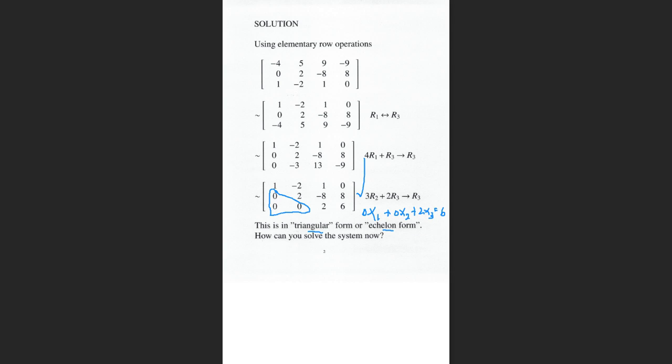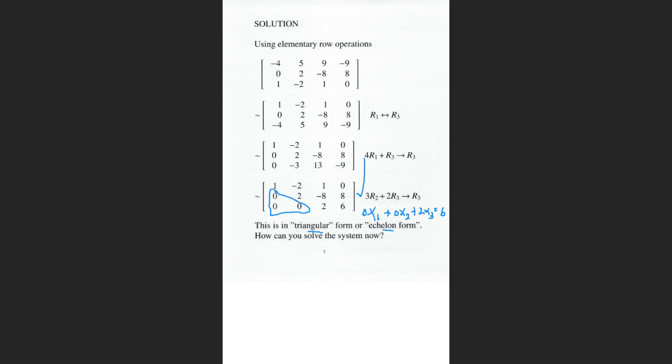But we still have 2 other variables to solve for. It might make sense here, I mean, I could say, okay, x3 equals 3, and then I could take that value and back substitute it in the first 2 equations.